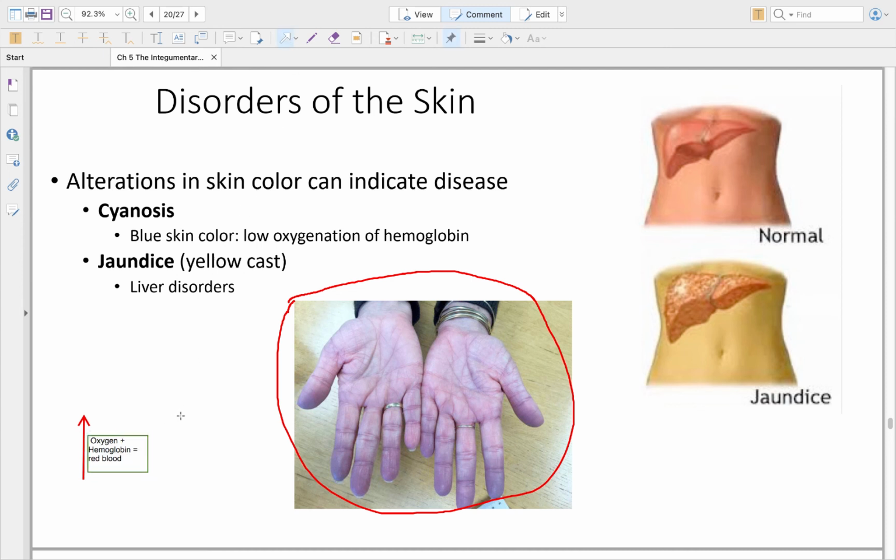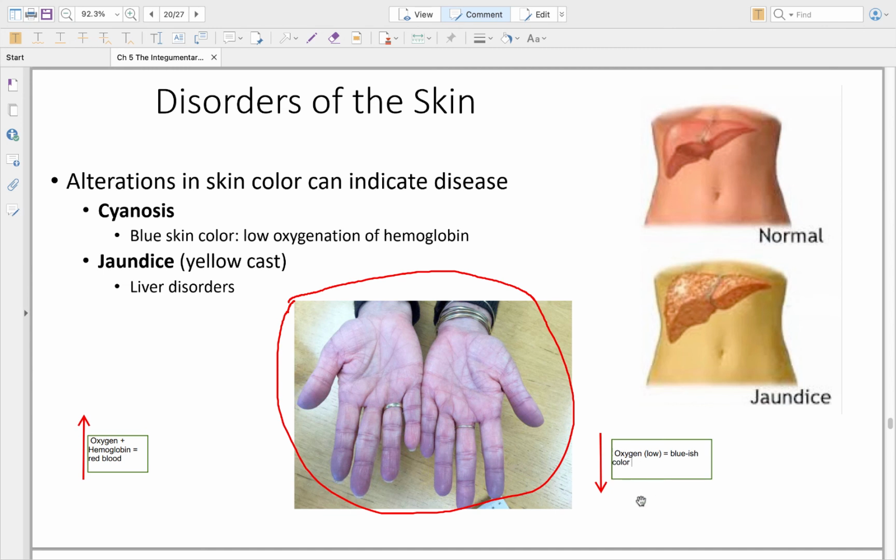However, the opposite is true when there's low oxygen. When oxygen is low, we get the opposite effect. Your blood won't have this reddish color after all. In fact, it'll have a bluish color, more like purple.